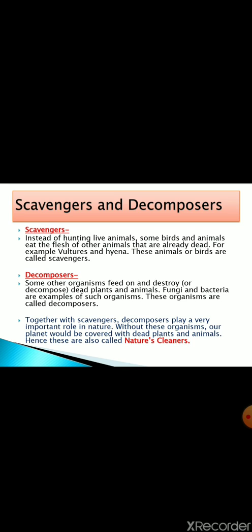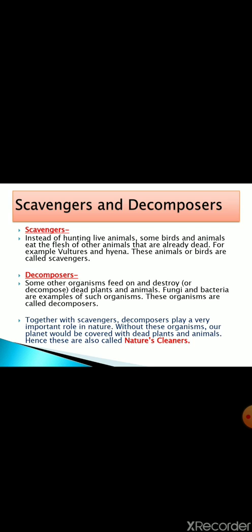And do you know, if scavengers or decomposers were not there on earth, what will happen? It will become a dump yard of dead bodies, because nobody will be there to clean them, to digest them, to break them down into small pieces. So scavengers and decomposers, like vultures, hyena, or other animals, or microorganisms like fungi, are decomposing the dead material, dead plants, dead animals, and then mixing it into the soil, into the ground.